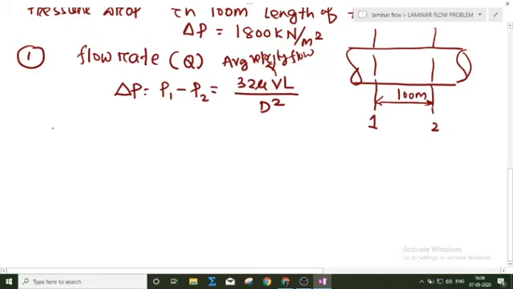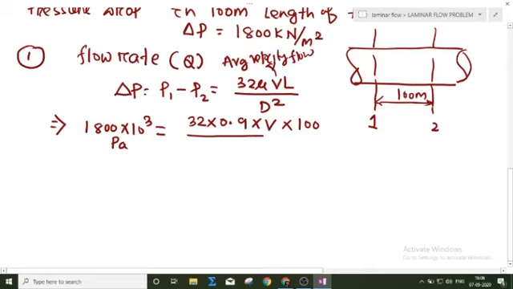Never forget this. Now the pressure drop is given as 1800 kilopascal, so I can multiply by 10 to the 3 to get Pascal, equal to 32 into mu, which is 0.9, and V you have to find out, and L is given 100 meter, and diameter is 0.06 squared.